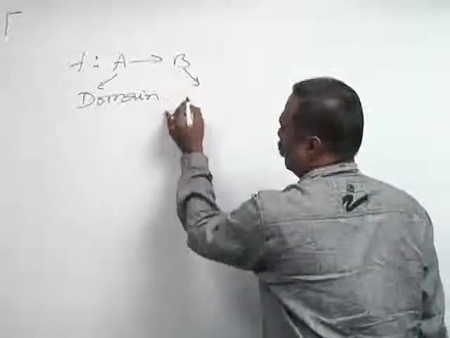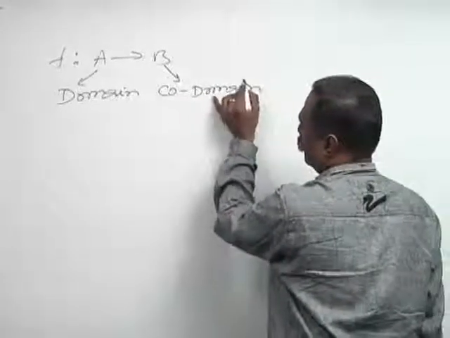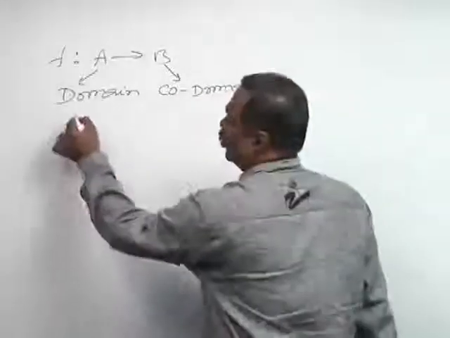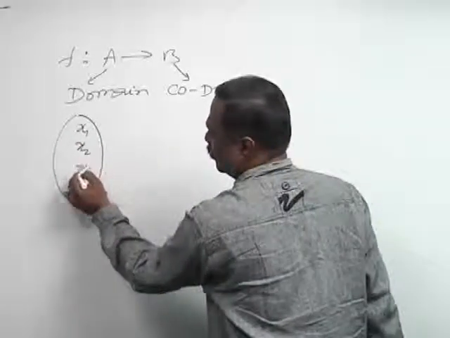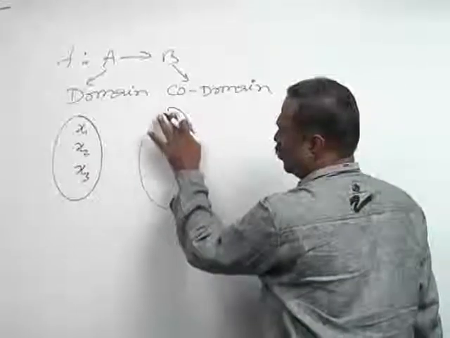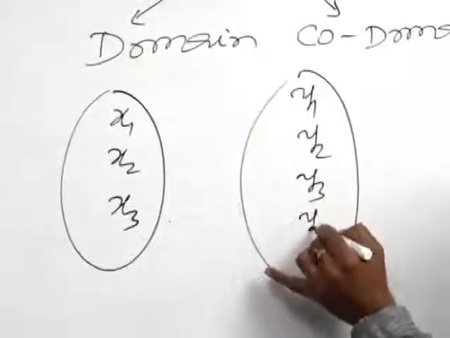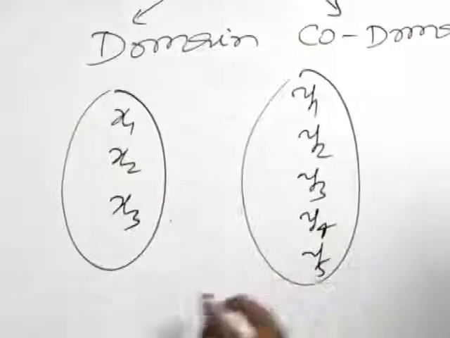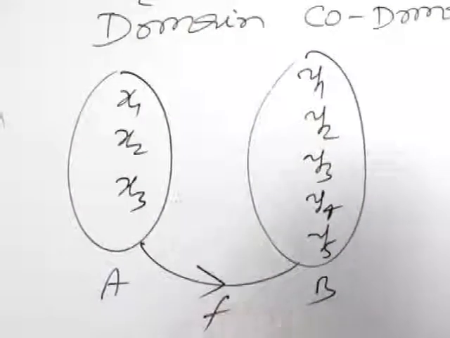What is B? B is the codomain. Now, the domain consists of, let me say, 3 elements, and the codomain consists of, let me say, 5 elements. This is A, this is B, and the mapping f.